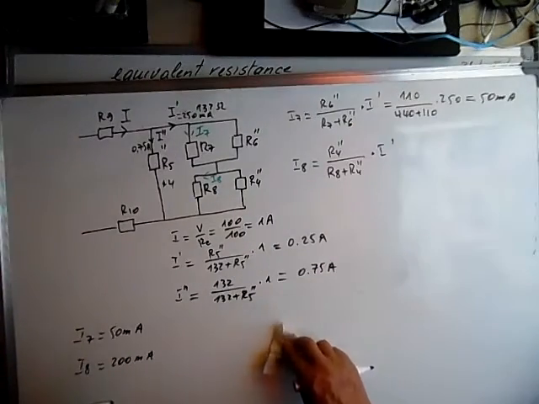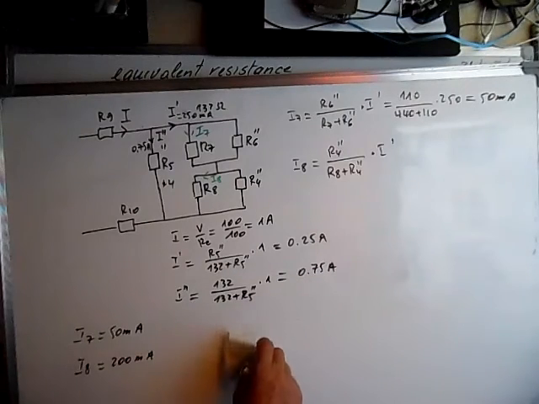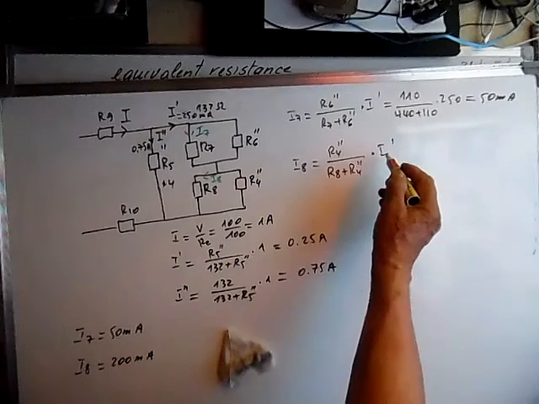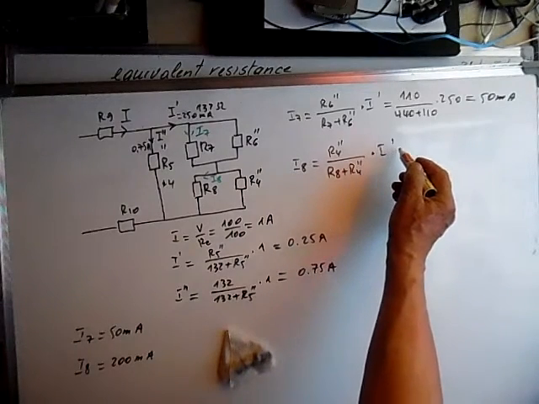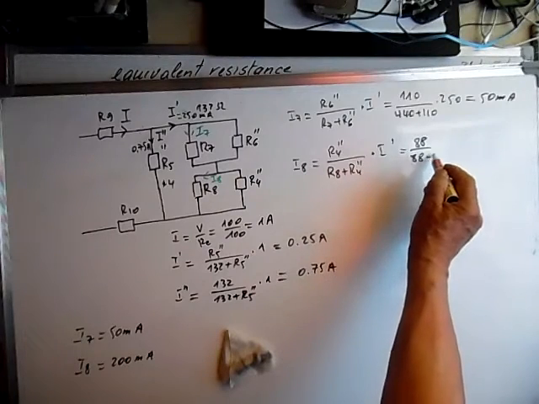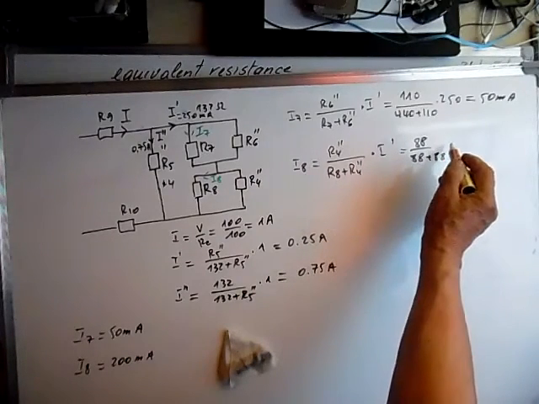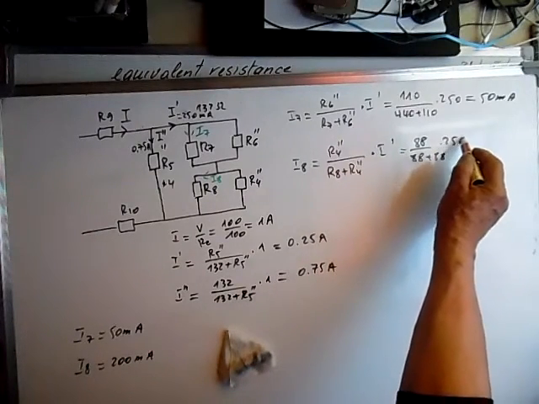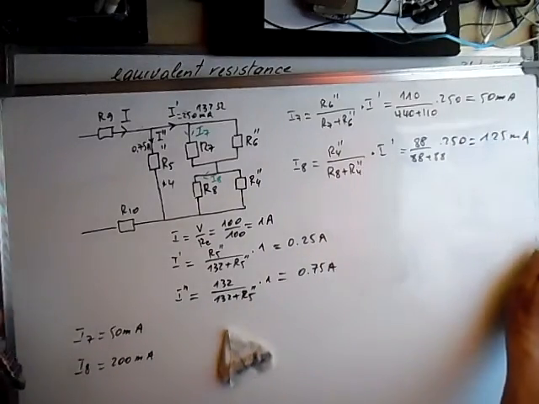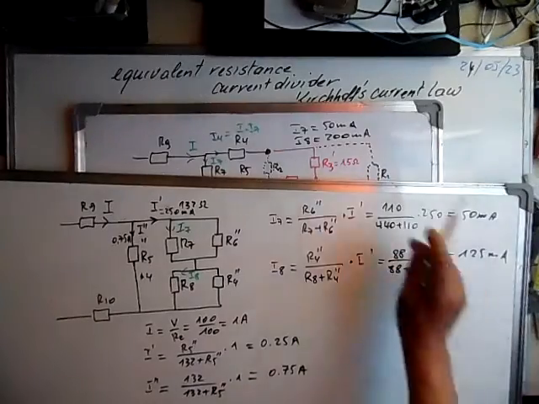R4 88 times this one, 250, 88 over 88 plus 88. This is 125 milliamps. Okay, 125.